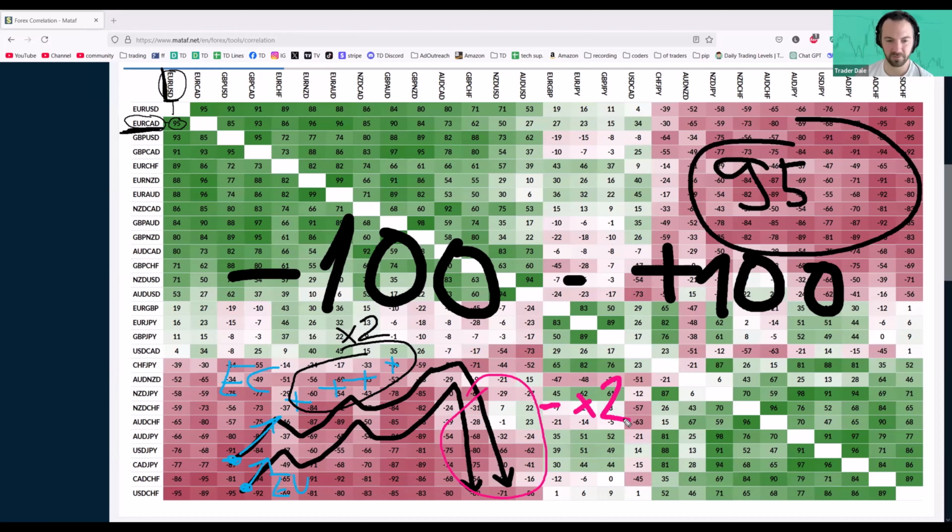But if you enter, for example, three, for me, the pain point is three, right? So let's say that you enter three heavily correlated trades. Let's say that you enter the Euro Canadian dollar, you enter the Euro dollar, and let's say that you also enter British pound, right? Which has 93 correlation with the Euro dollar. And this would basically mean another heavily correlated instrument.